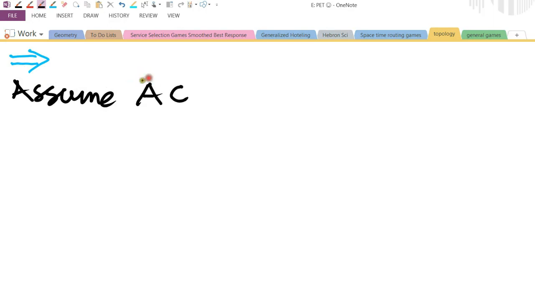So let's do a proof of proposition A. We'll start by showing that if a subset of the space is closed, then it contains all its own limit points. So rather predictably, we'll start by assuming that we have a closed subset A of the space.